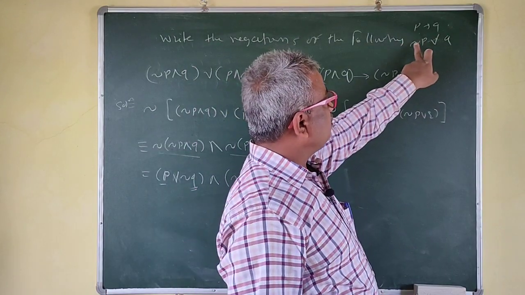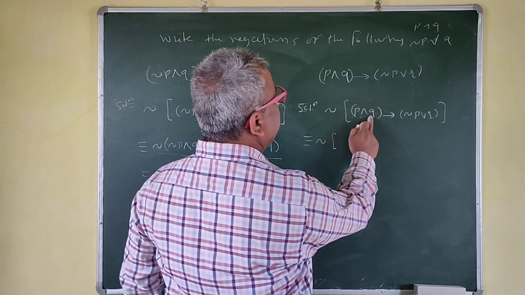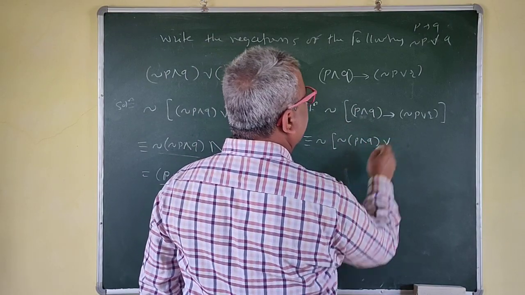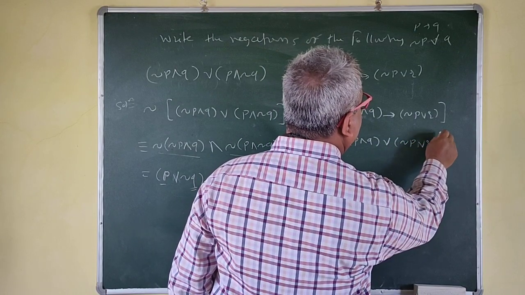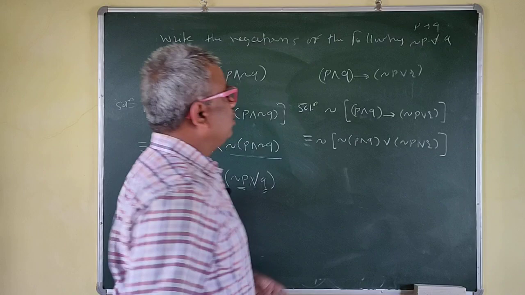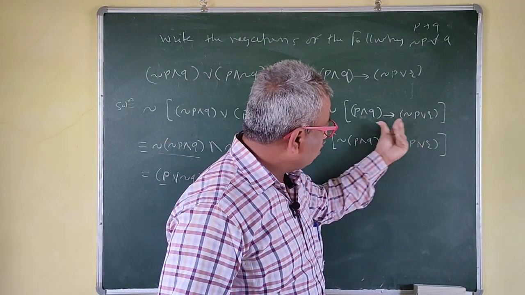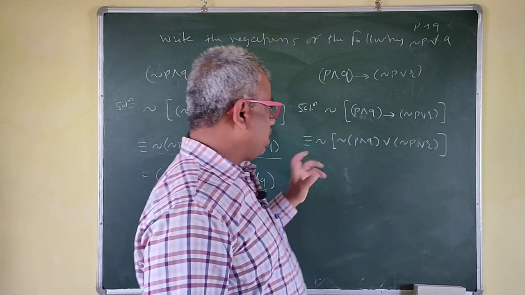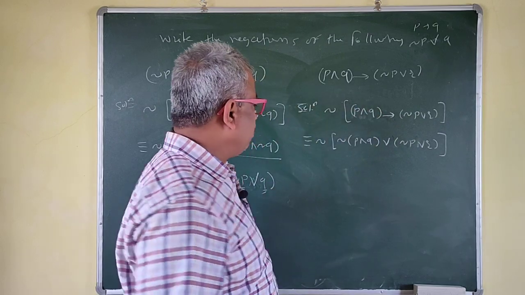So we'll write this: P implies Q is logically equivalent to negation P or Q. So your P is this. Take the negation of the first one and connect this with R. Negation P or R now. Replace implies by R and just take the negation of the first one.